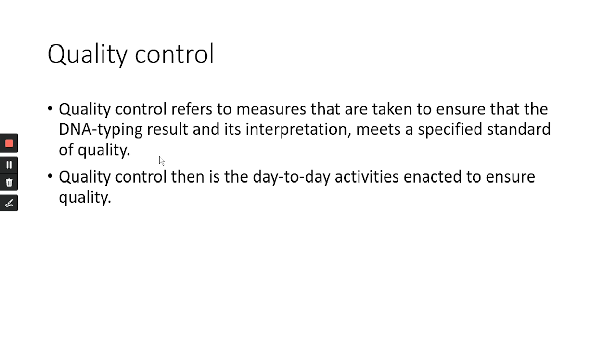Okay, quality control, QC, refers to measures that are taken to ensure that the DNA typing result and its interpretation meet a specific standard of quality. So this is related to the result and also the interpretation. The result that we generate and also the interpretation of the result must meet a specific standard of quality.